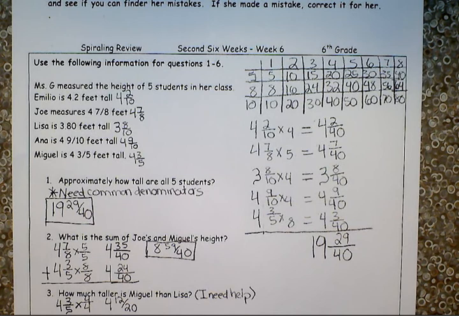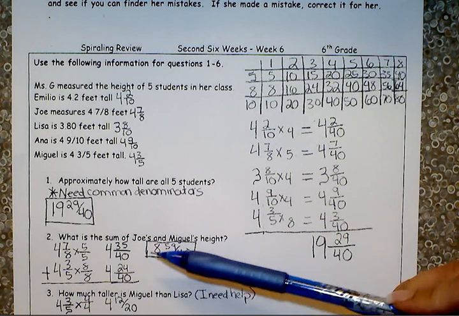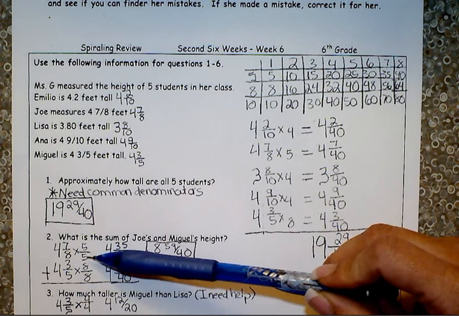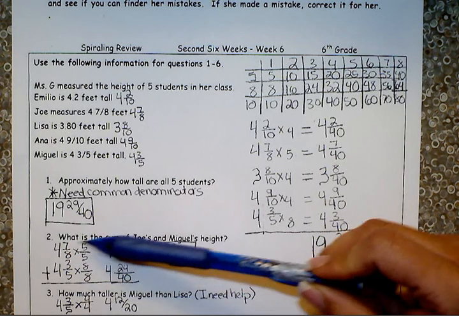It says, what is the sum of Joe's and Miguel's height? Well, I knew that sum meant I needed to add. So I added them. And I know my common denominator is 40. So I changed my denominators to 40. So I multiplied 8 times 5. And then I did it to the top too.